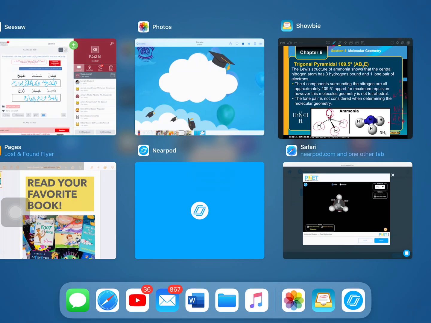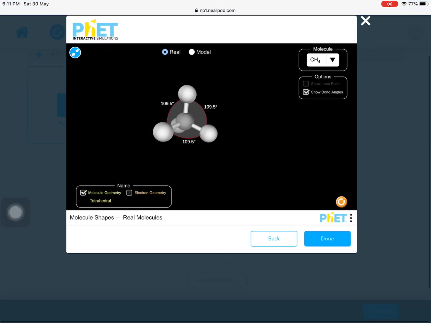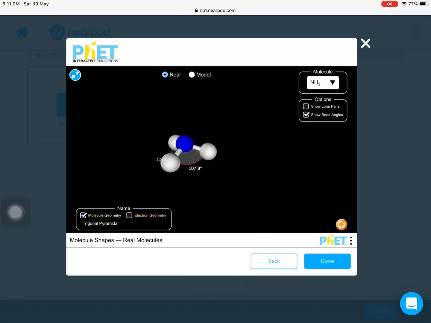So if I go ahead and I look over here at an ammonia atom, let's say here NH3, I will see that it is not a flat triangle. It's basically a triangle and everything is pointing downwards, right? And this is because of this lone pair up here, okay?